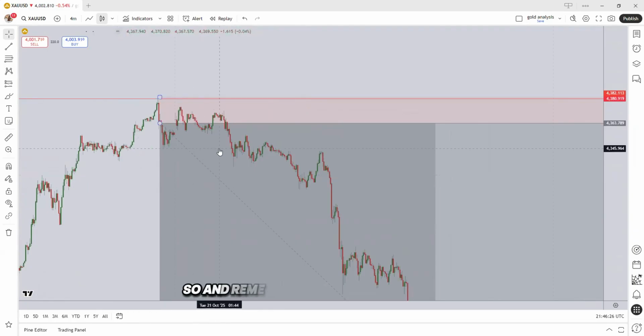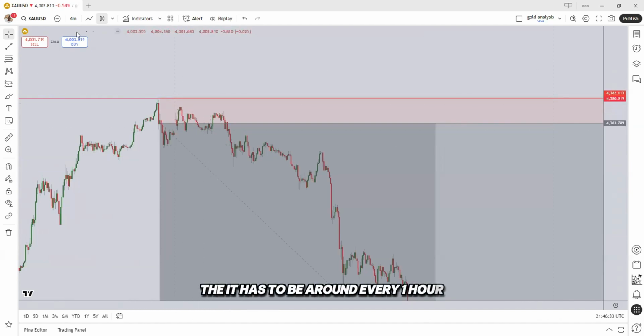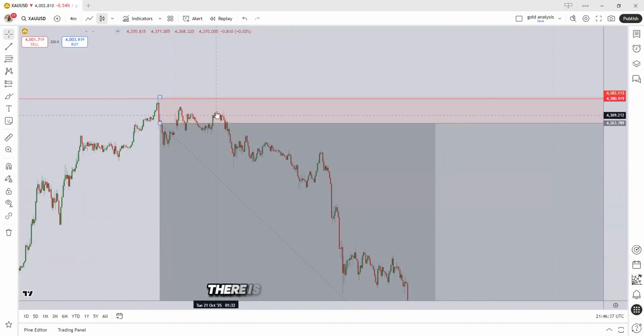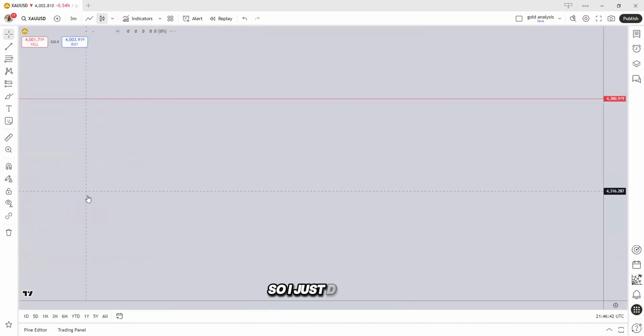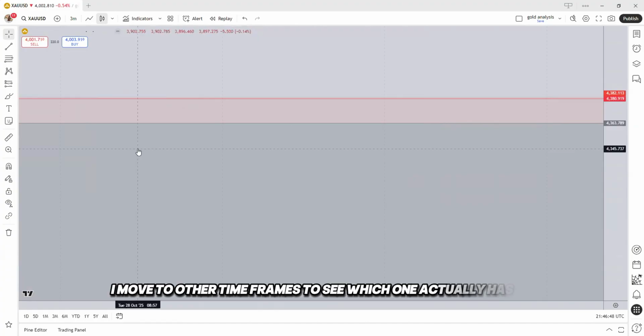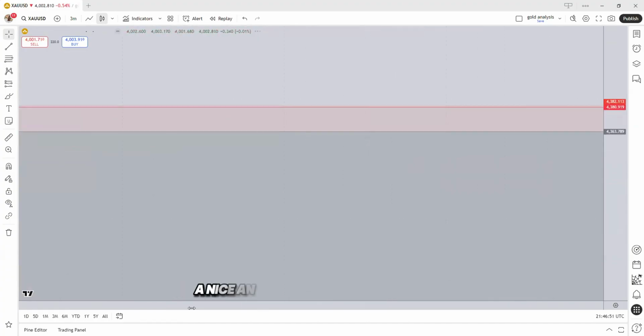Remember that it has to be around every 1 hour. You can see every trade that happened here, there is no valid engulfing. So I move through all the time frames to see which one actually has a nice engulfing before the trade.